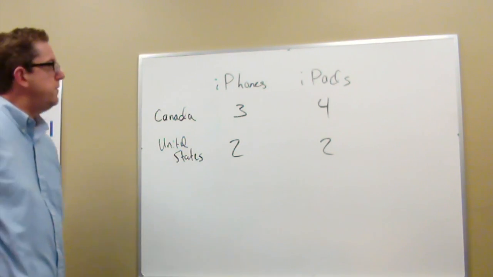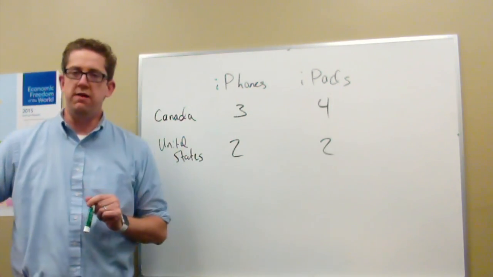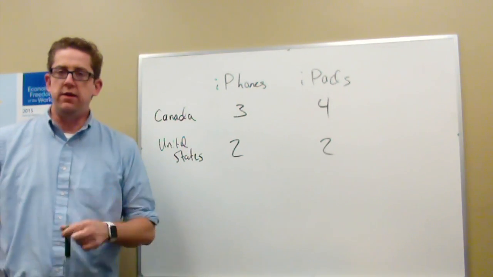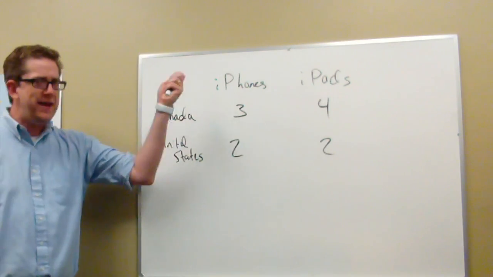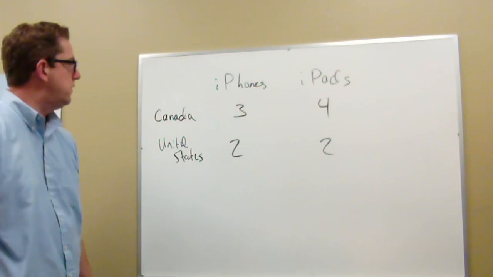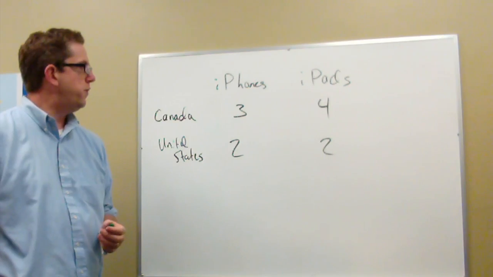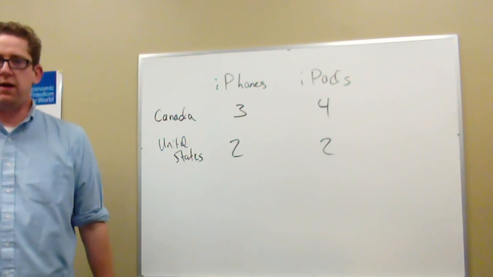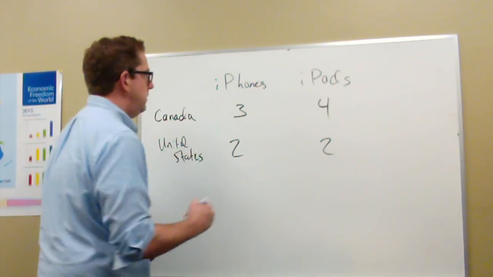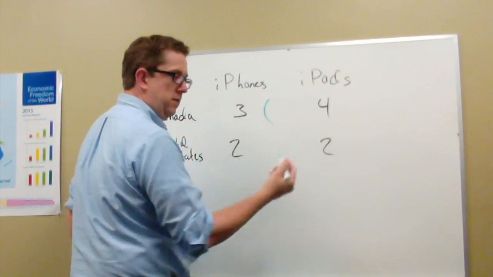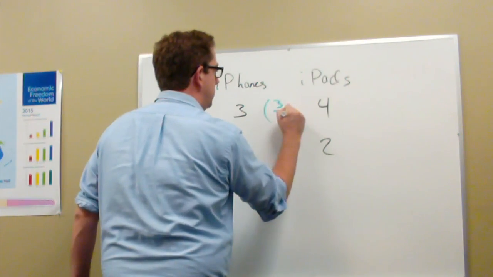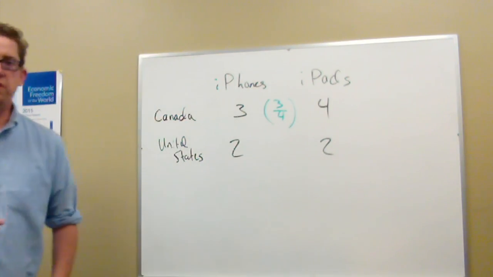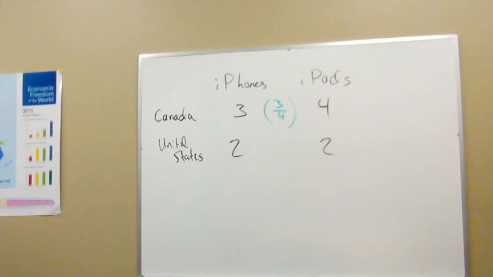So if it takes 3 hours to produce an iPhone in Canada, the question you need to ask is, how many iPads could I produce in those 3 hours? And if it requires 4 hours to produce an iPad, then you can get, in that 3 hours, 3/4 of an iPad.